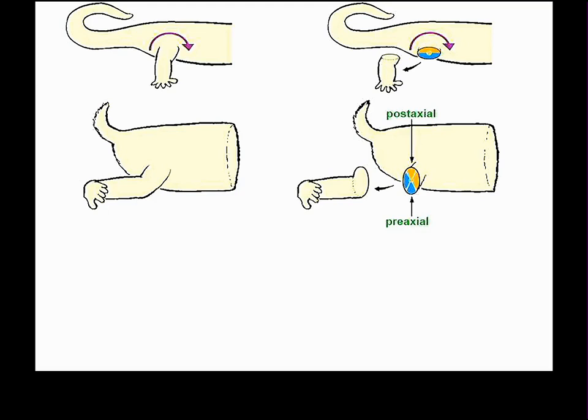But since they don't all do it, you have dorsal muscles on the cranial surface and a second group of dorsal muscles on the postaxial surface of the limb. And the ventral muscles, yes, you have those which rotate and they end up on the caudal surface of the limb, but those which don't rotate get stuck in place, and they end up on the preaxial surface of the limb.